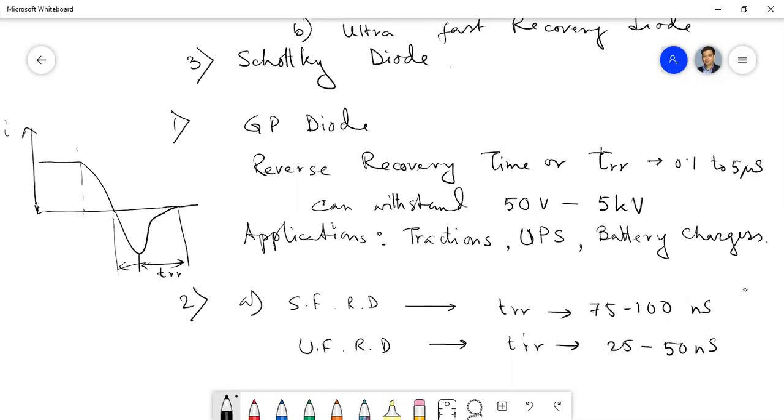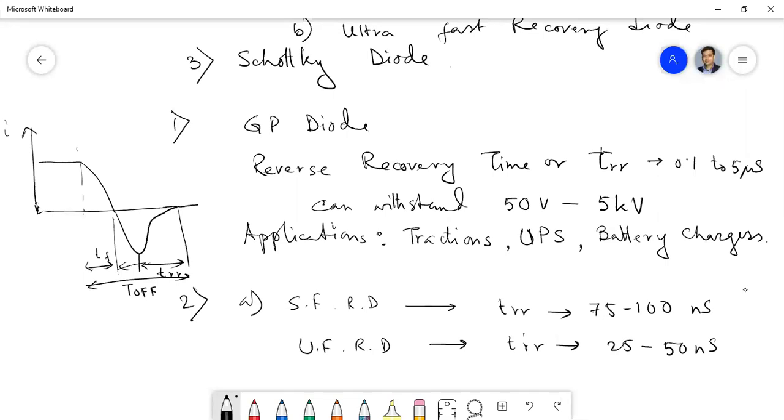Because if this is TRR and some time is there for the forward current, then this total is the off time, T off. If this T off is high, then the frequency at which the device is operated cannot be kept very high. So that is the disadvantage of a higher TRR.